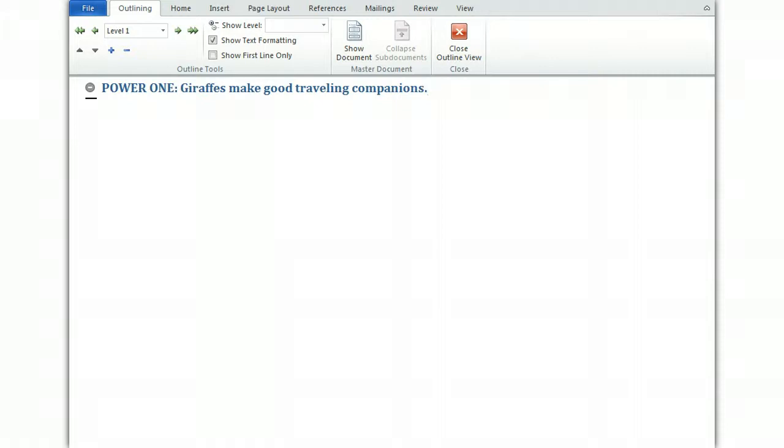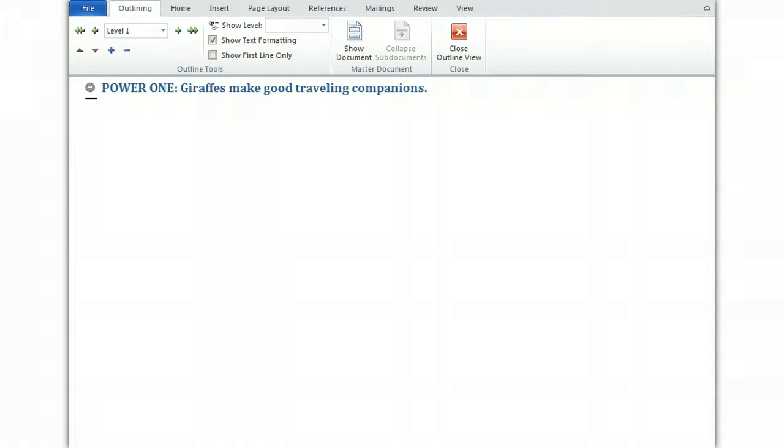But for people inexperienced in the complicated system of Roman numeral 1, capital letter A, regular number 1, lowercase a, that system of denoting details is pretty complicated, and it's not familiar to some writers, and it's certainly not familiar to young writers. So it's been discovered that if you use the simple 1, 2, 3 method, you can teach the same idea about how you develop something as you could if they understood outlining.